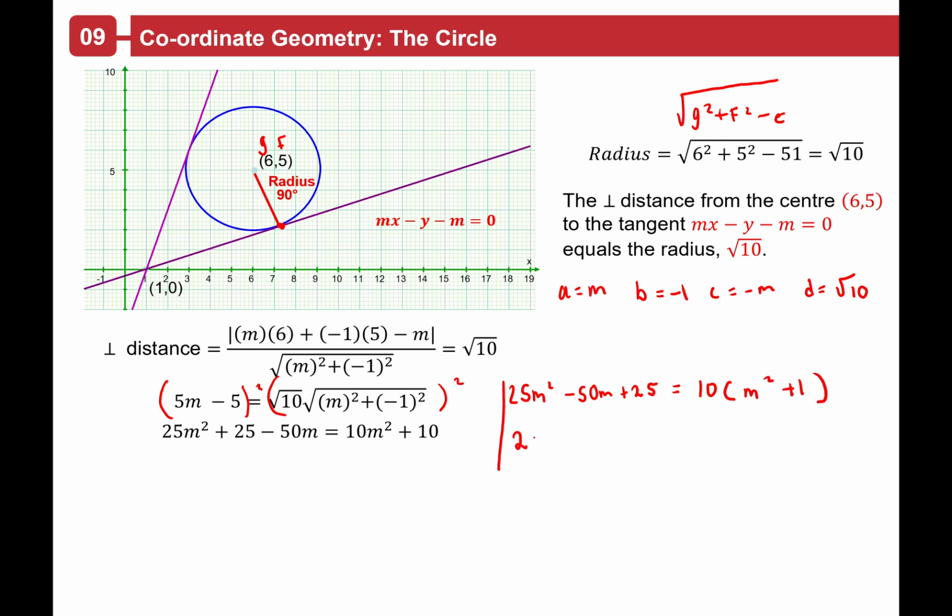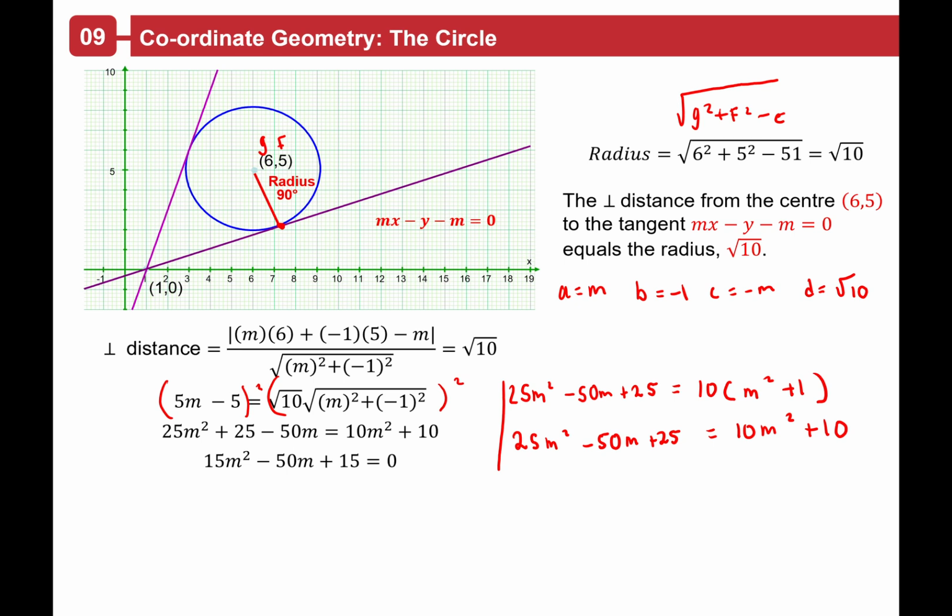And then tidying that up, we're left with 25m squared minus 50m plus 25 is equal to 10m squared plus 10. And from here I want to solve for m, so I'm going to bring everything to one side of my equation. This gives me 15m squared minus 50m plus 15 equals 0.